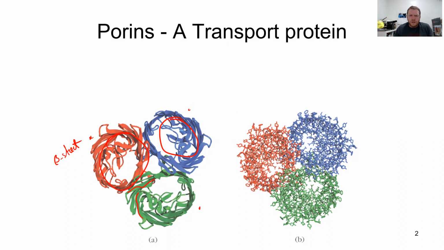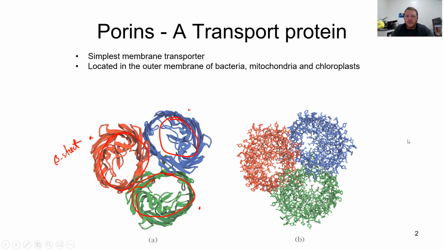And so it's these three sheet proteins that are basically positioned, for some reason I always think about 3 different soda cans, or pop cans, or Coke cans, whatever you want to call them, right next to one another. Now, this is basically the simplest example of a membrane transporter protein, and it is located in the outer membrane of bacteria, mitochondria, and chloroplasts.